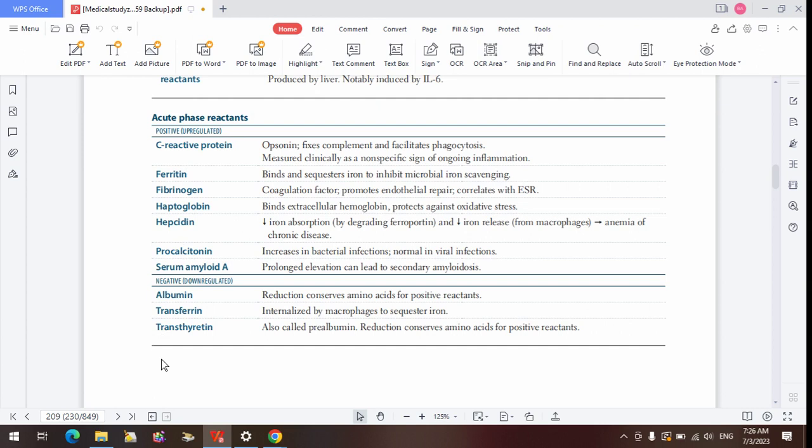So C-reactive protein can bind to the pathogen-associated molecular patterns within the microbes. It can bind to both the damage-associated molecular patterns and the pathogen-associated molecular patterns, because inflammation is in response to both infection and damaged tissue. Remember, we said that necrosis triggers inflammation.